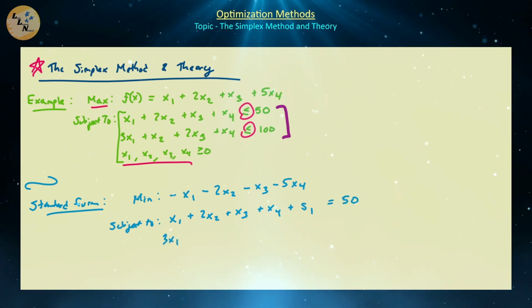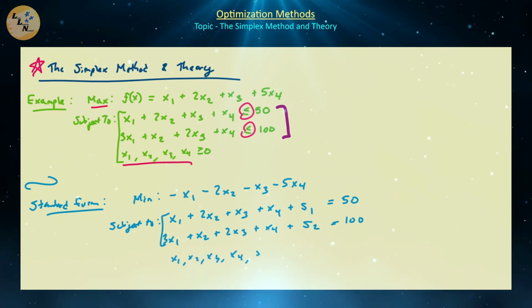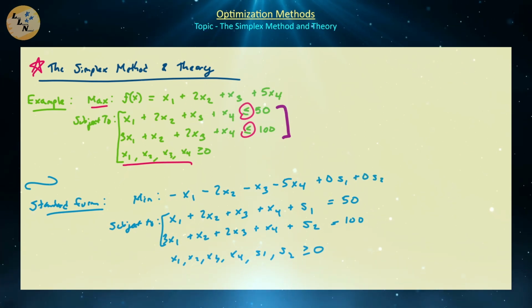And then 3x1 plus x2 plus 2x3 plus x4 plus our second slack variable s2, equal to 100, with the restrictions that x1, x2, x3, x4, s1, s2 are all greater than or equal to 0. And we can technically put some placeholder coefficients of 0 for s1 and s2 up in our objective function, which we seek to minimize.